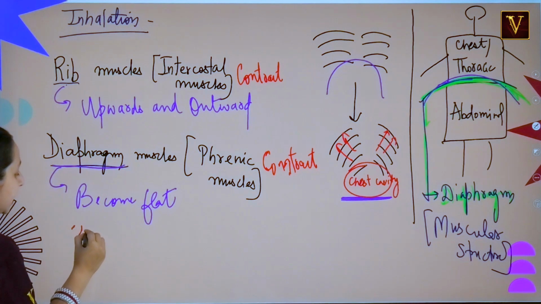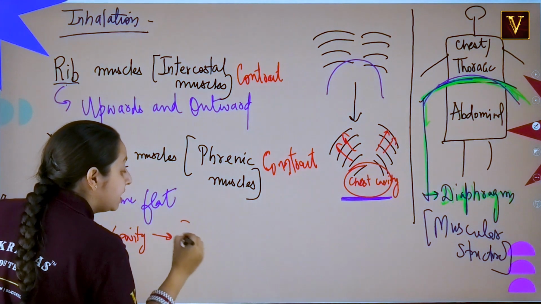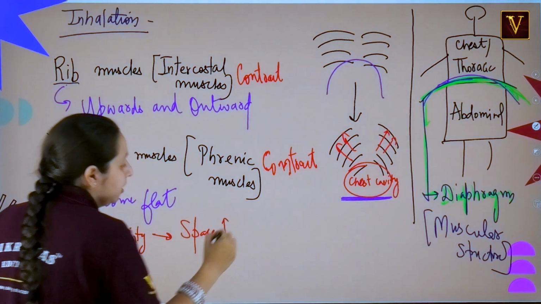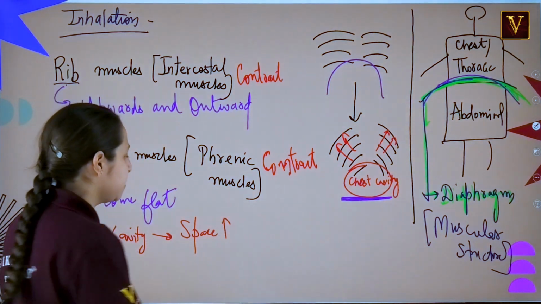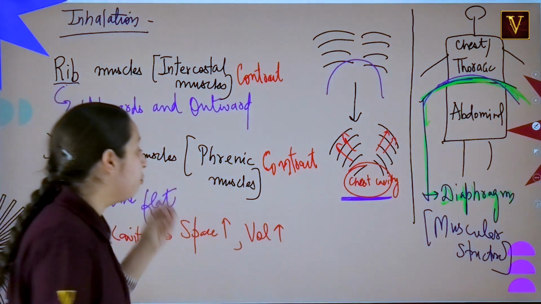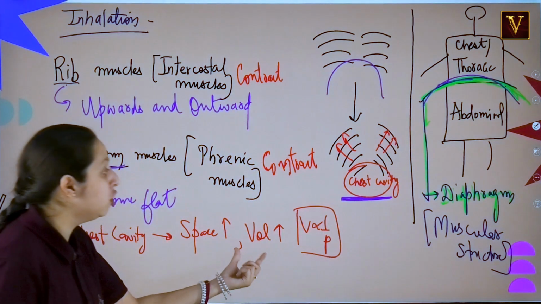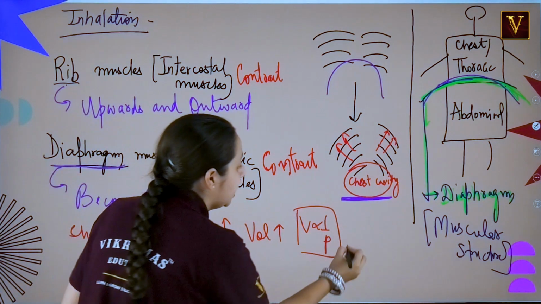Now what happens inside the chest cavity? Space increases, so there is more volume inside the chest cavity. Volume is in inverse relation with pressure. If volume is more inside, pressure will be less.